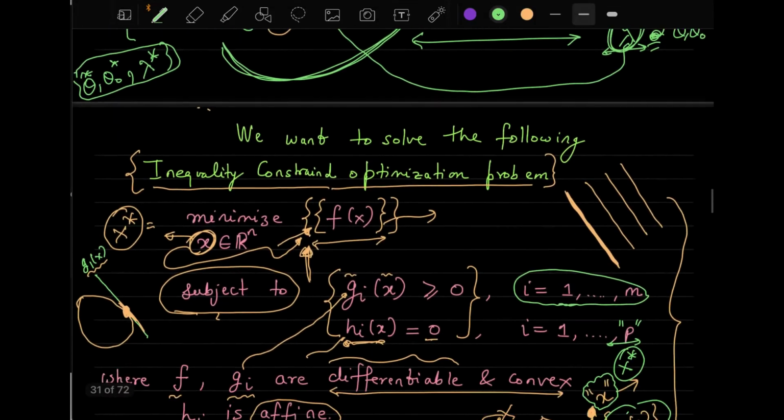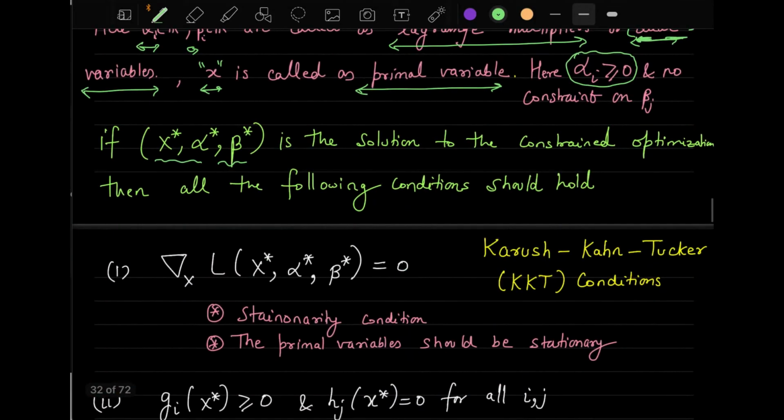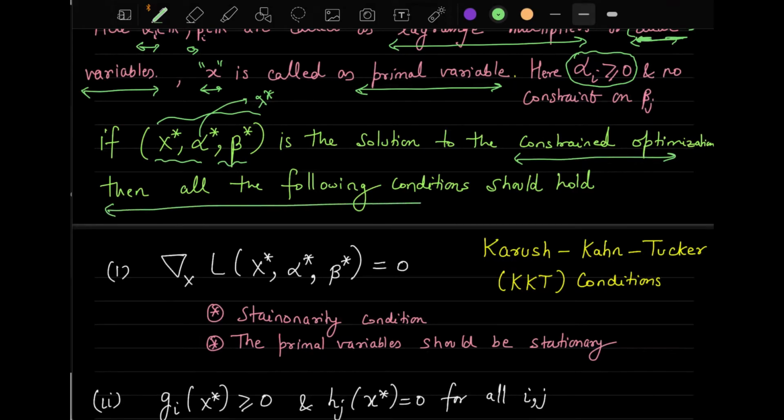Please note that alpha and lambda are replaceable, so keep that in mind. The solution is a constrained optimization solution, and it has to satisfy some conditions. You have to satisfy some conditions, and only then will this be the solution.